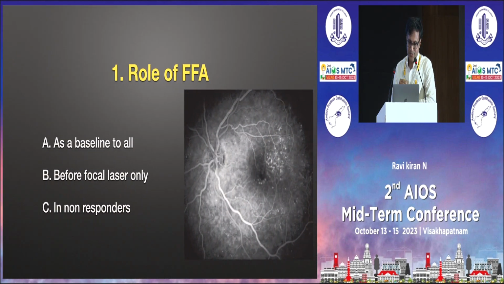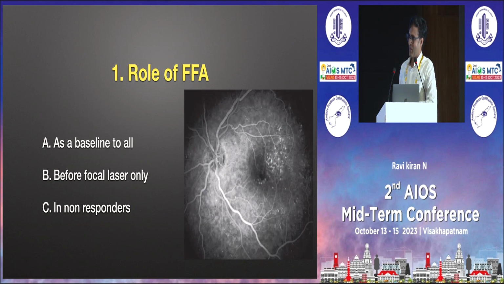My first question to the panel is, what is the role of FFA? Do we do this as a baseline in all patients presenting with DME, or just before the focal laser to identify the leaking microaneurysms, or only in cases of non-responders?